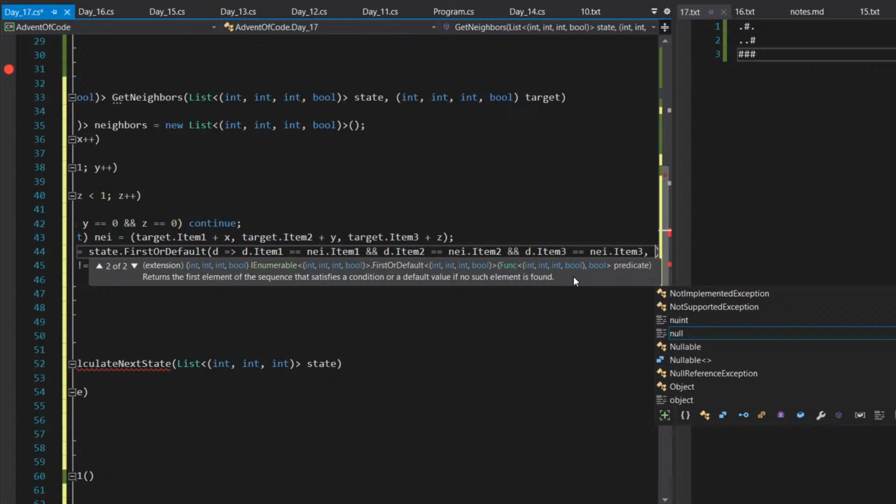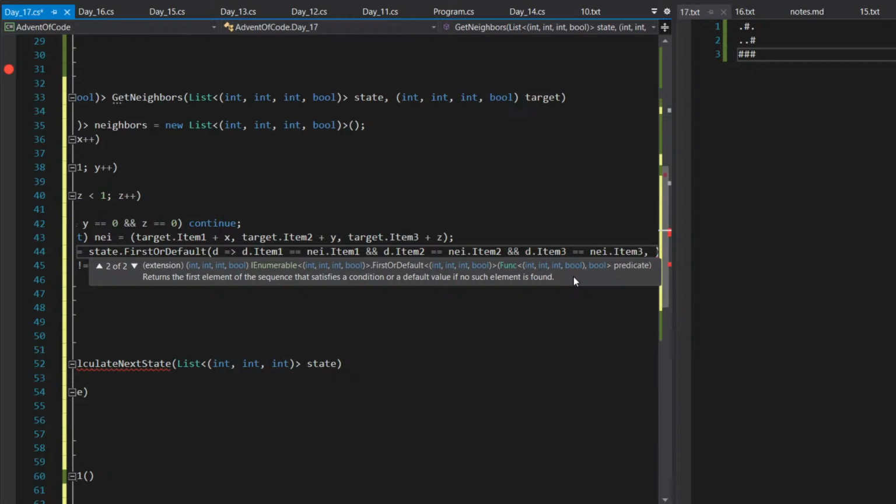Where do I get to set the default value?